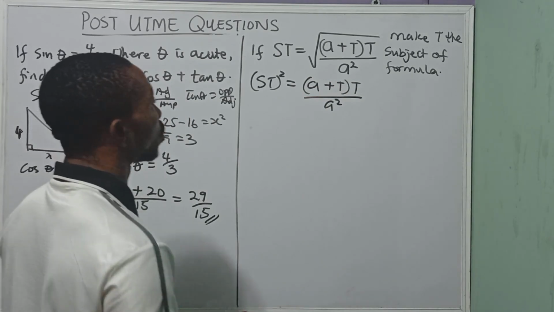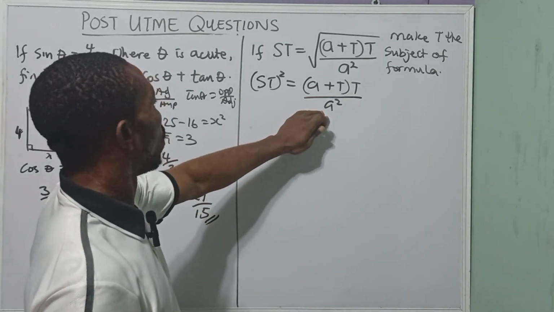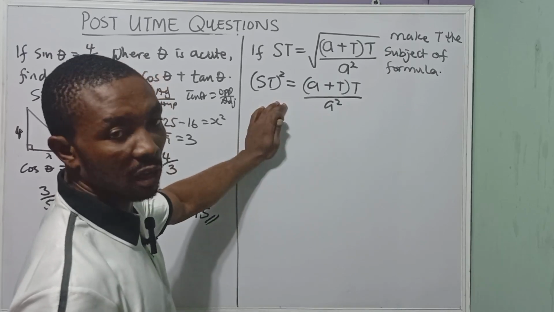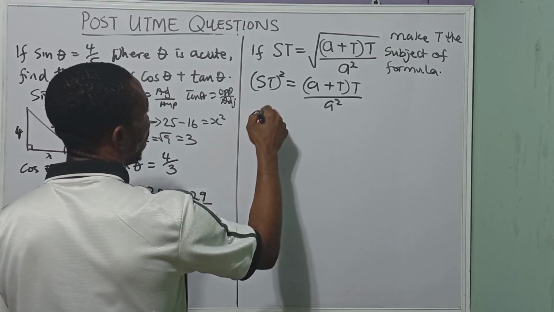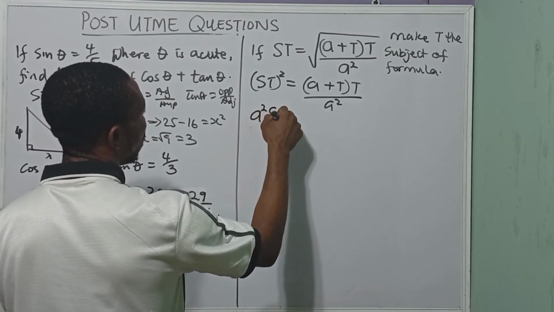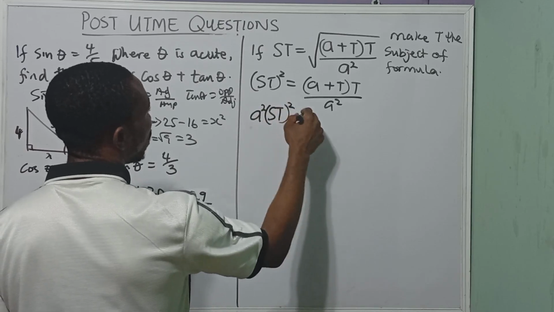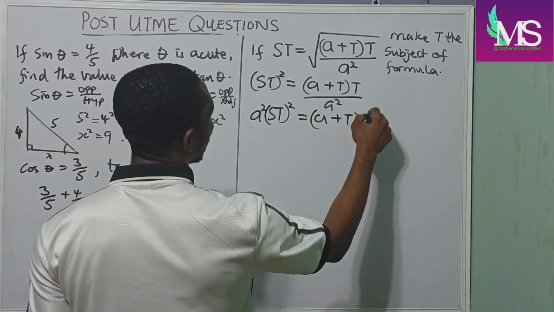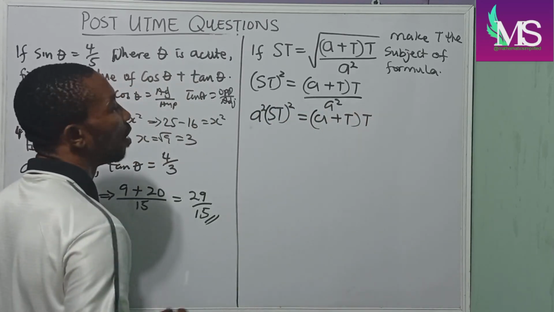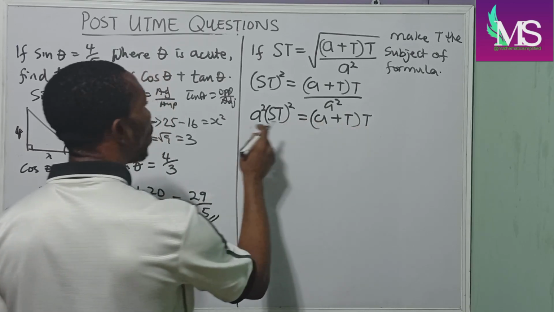Now the next is to eliminate this division by multiplying both sides by a squared. So we have it as a squared st all squared equals a plus t, alright, times t.